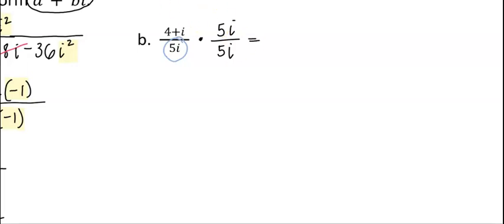Remember, we can't have a square root in the denominator, and i stands for the square root of negative 1. So think back to Algebra 1. If you had something like 2 over the square root of 3, and you wanted to simplify that, you have to rationalize the denominator by multiplying by the same thing that you see in the denominator. You multiply that number on the bottom and on the top.